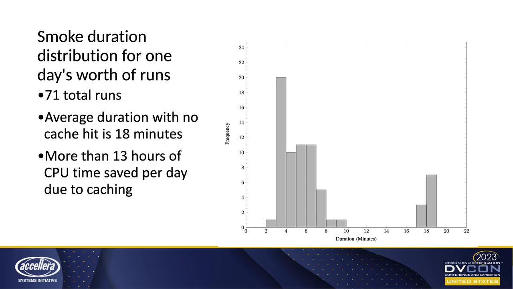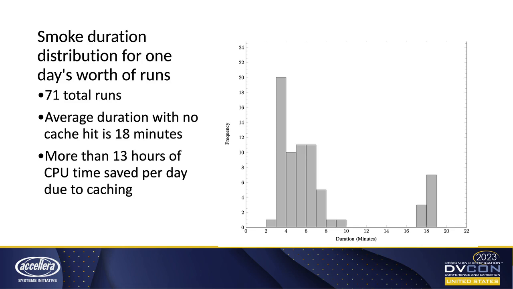So here is a histogram of the CI smoke runs spread throughout one typical day at Tenstorrent. This is actually from a few months back, and our project has grown significantly. So the savings are actually probably more than advertised for us now.